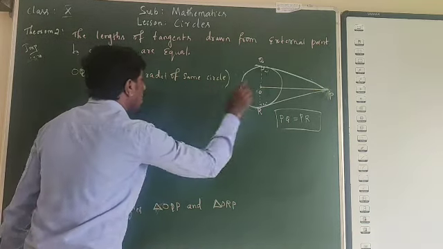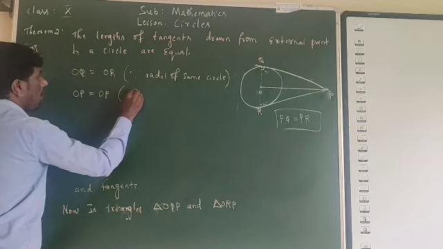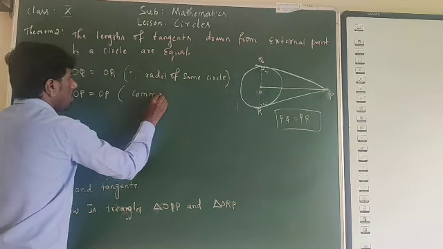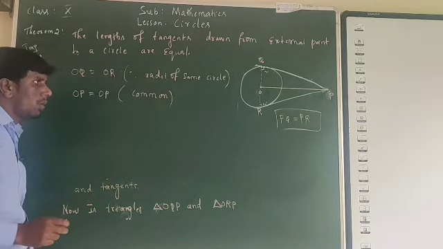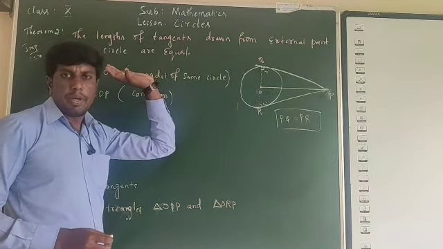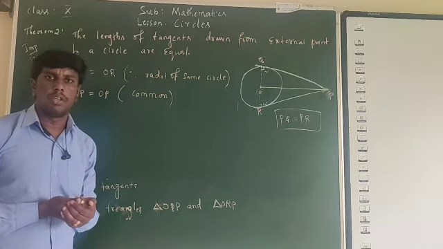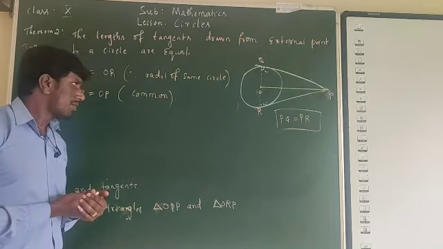And then OP is equal to OP. OP must be equal to OP. This we need to prove, that PQ is equal to PR by using the congruence property. We have learned congruence of triangles in class 9 also, right?